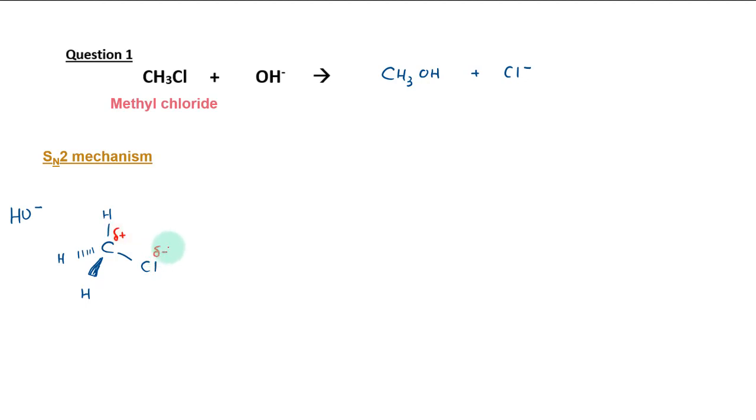So from the OH minus, your nucleophile, remember that the negative charge is on top of your oxygen. So moving from the oxygen, attacking the electrophilic carbon from the back, which is directly opposite to this C-Cl bond. So when the nucleophile attacks from the back of this electrophilic carbon, you are going to break this C-Cl bond, so from the middle of the bond it goes to the chlorine.